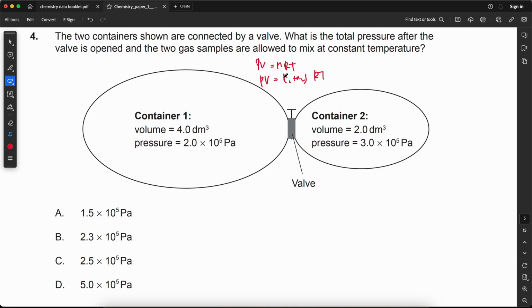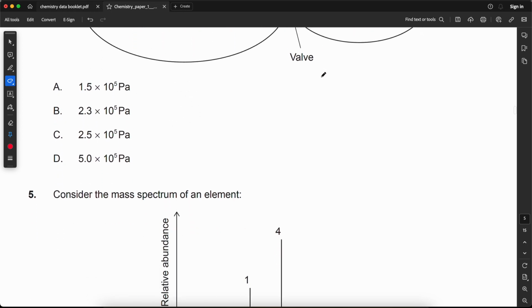We can just say n1RT plus n2RT, which is also P1V1 plus P2V2. So PV equals P1V1 plus P2V2.